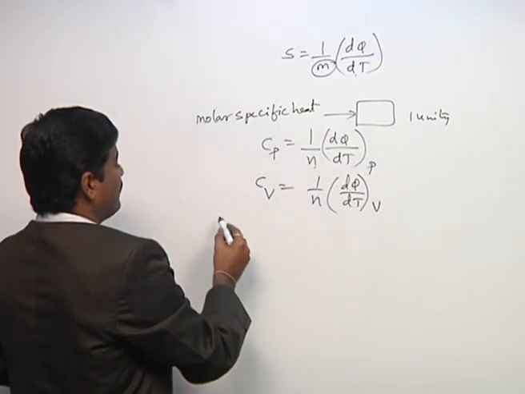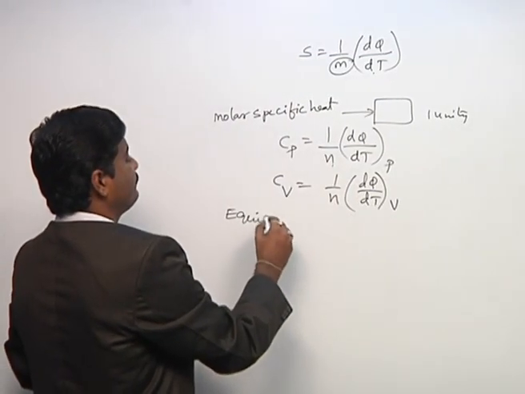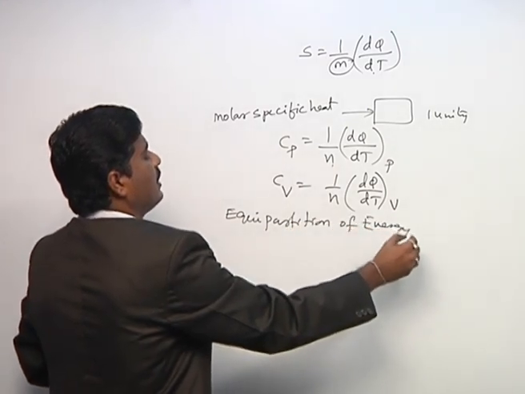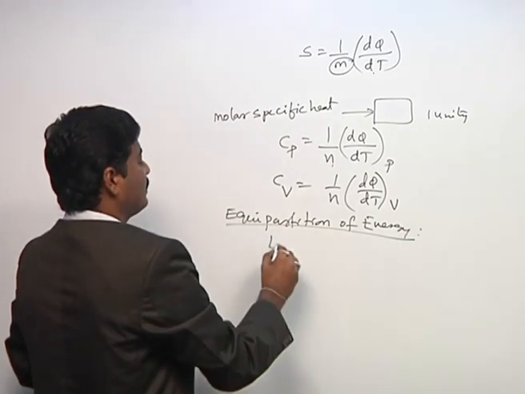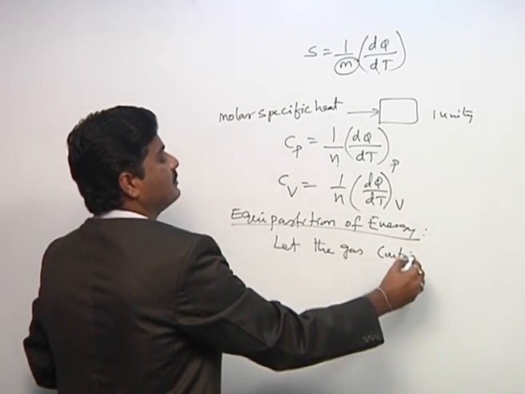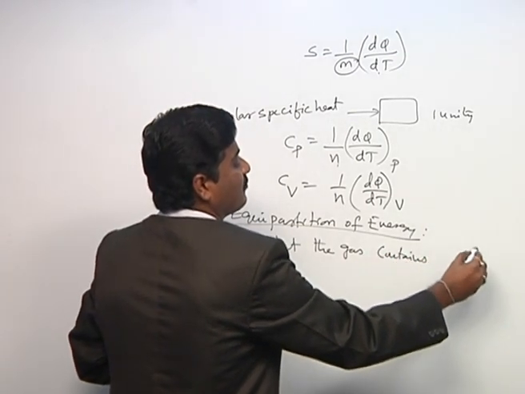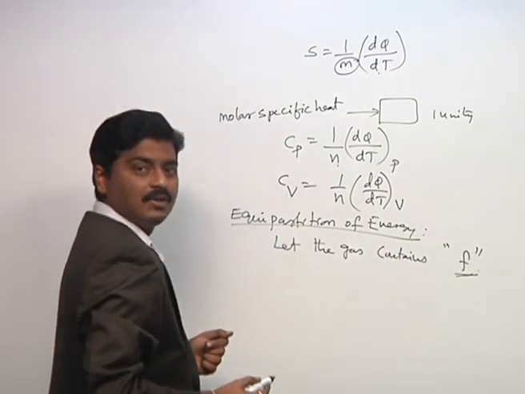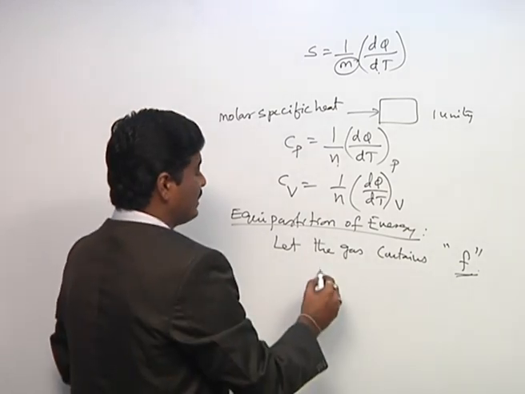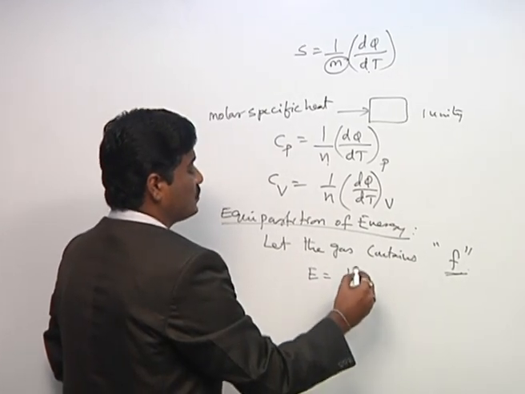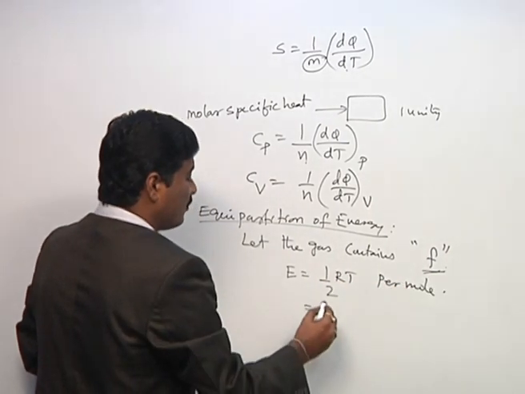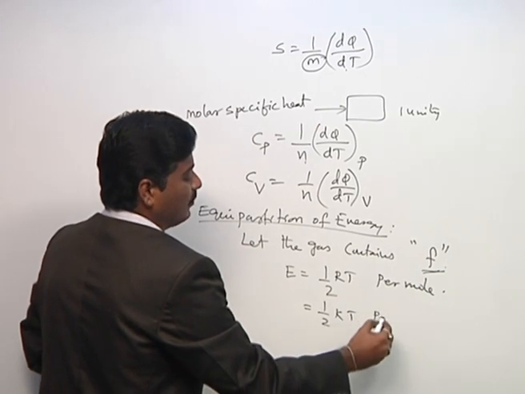Here, from the equipartition of energy, let the gas contain degrees of freedom F. For each degree of freedom, for 1 mole of the gas, the energy is equal to 1 by 2 RT per mole, or 1 by 2 KT per molecule.